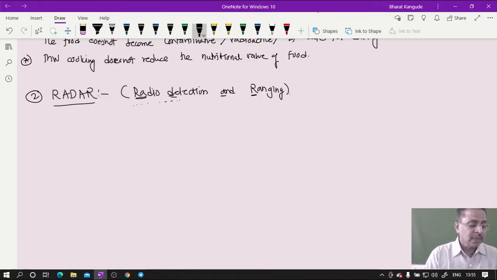Now, as I said, this radar was quite a familiar device at the time of the Second World War. So actually, these types of devices were invented in the war. The war requirement gave birth to the invention of this device called radar. And nowadays radars are quite useful.